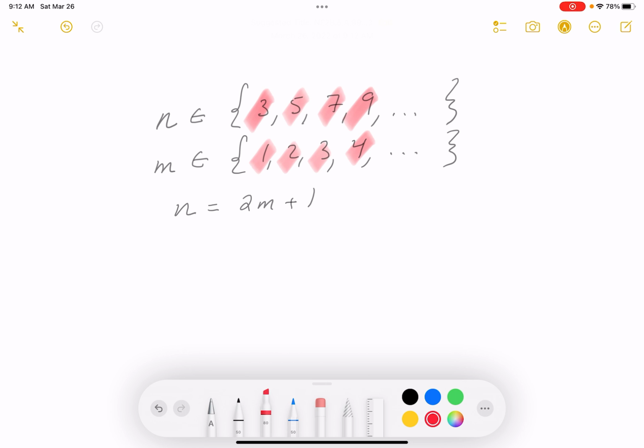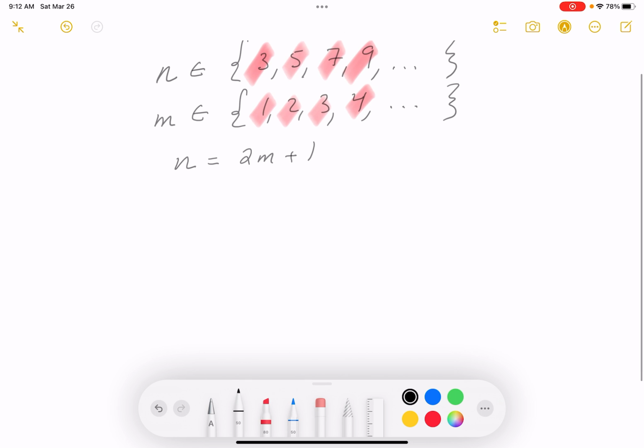Now, what I want to claim over here is what they're saying, and I'll write it down for you. They're saying that n minus 1 times n plus 1 is divisible by 24. That means there'll be no remainder.